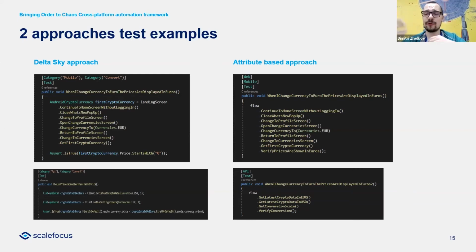However, while this might work for web and mobile, it doesn't quite ring a bell for APIs, right? Because it makes no sense. You don't have anywhere to move on the APIs, you don't wait to change something. You just make a call and see what the code returns. So for tests like these, we would actually need to get the crypto data in euros, get the data in dollars, then get the conversion scale, and then verify that our prices are as good in euros as they are in dollars.